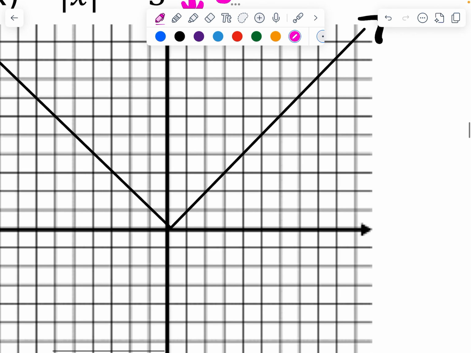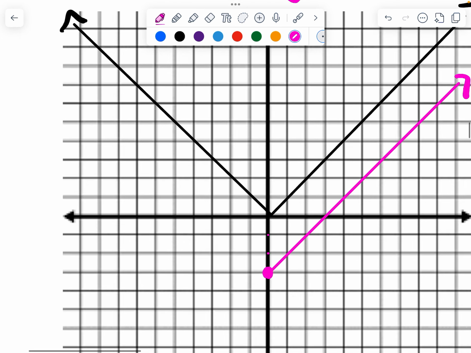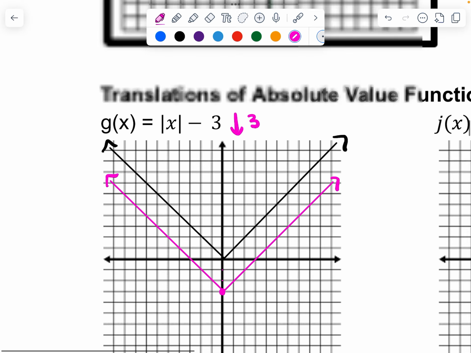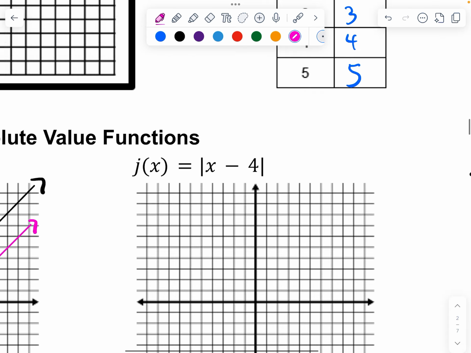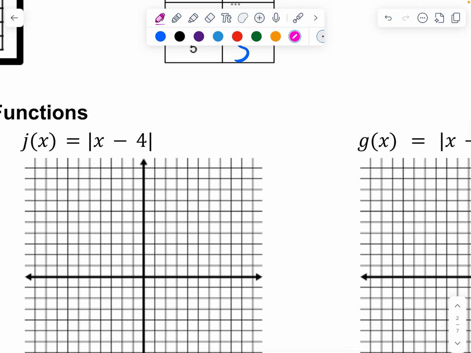I just take the vertex and go down 1, 2, 3. I still have a slope of 1, and on this side, a slope of -1. And voila.